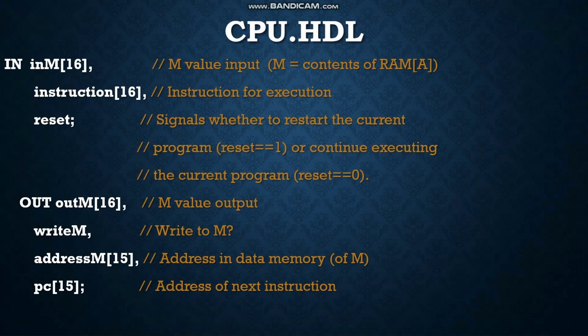The OUT part of the program, this line declares the output pins of the chip, which includes the 16-bit output for memory and a writeM for write signal for memory, and addressM, which is the 15-bit output representing the address in data memory, and the program counter, which is a 15-bit output representing the program counter.